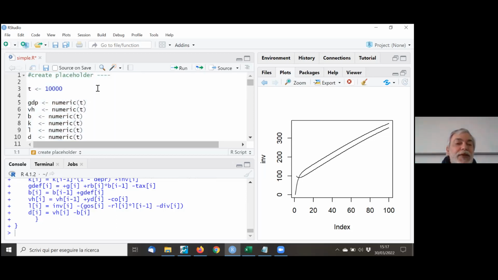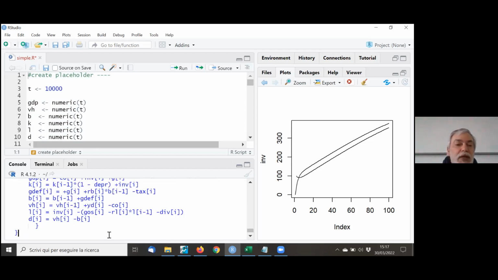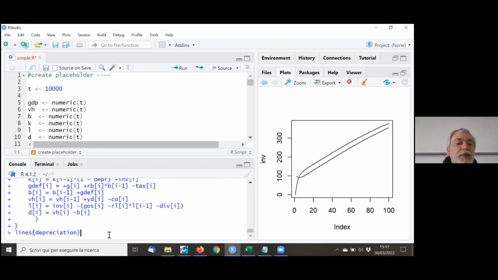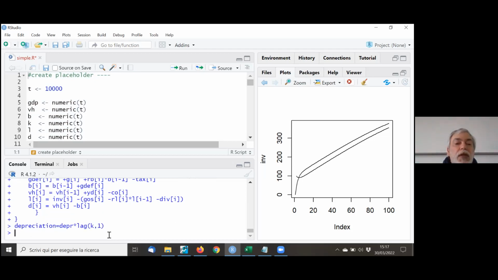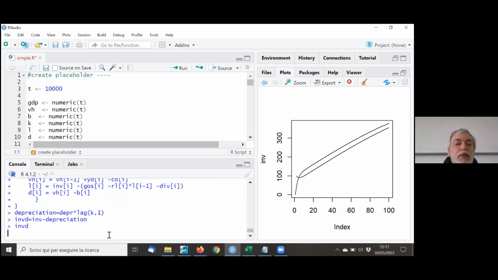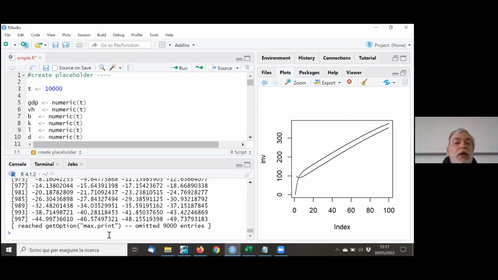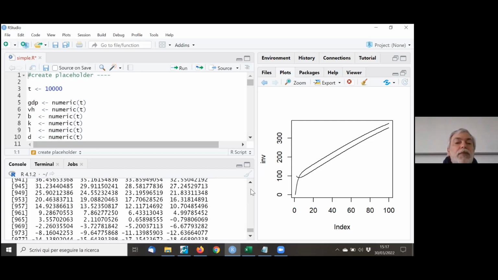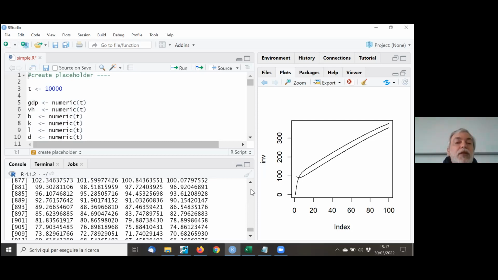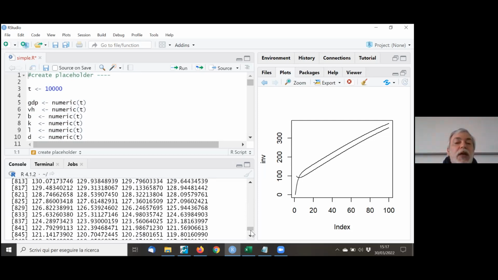Let's look at the same thing I just did. This did not stop falling, it kept falling.